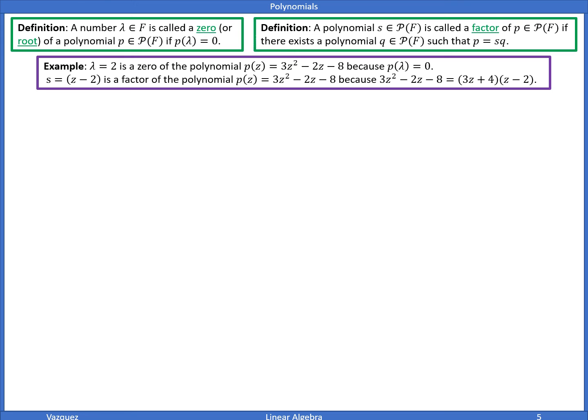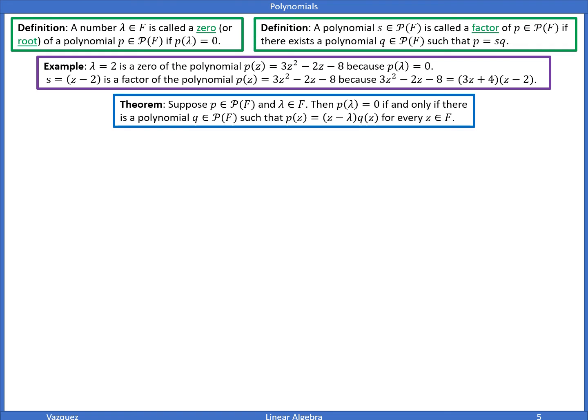And S equal to z minus 2 is a factor of the polynomial 3z squared minus 2z minus 8, because we can get two factors, right? This is Q, this is S. So P is equal to QS, or as the definition said, SQ. So that's all that's saying, the factor, right? Remember, your teacher would tell you, oh, just factor it, right? Factor this polynomial. That's all you would do. Those are factors of polynomials.